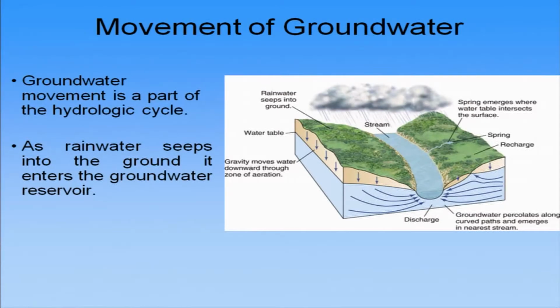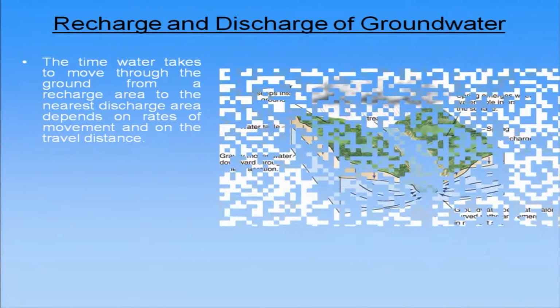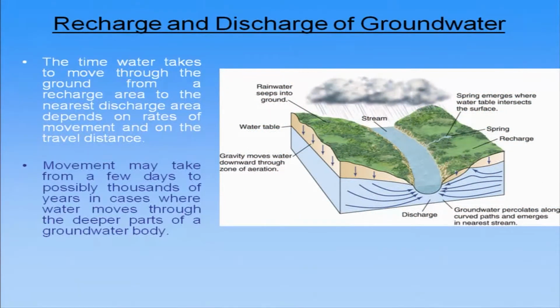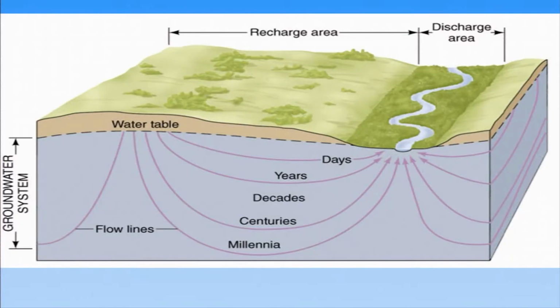Welcome back. In the previous lecture we discussed the movement of groundwater, where we learned that with respect to the water table, if groundwater is closer to the surface, then it moves faster, whereas in the deeper portion the groundwater movement will take more years, and to some extent it may take millennia.